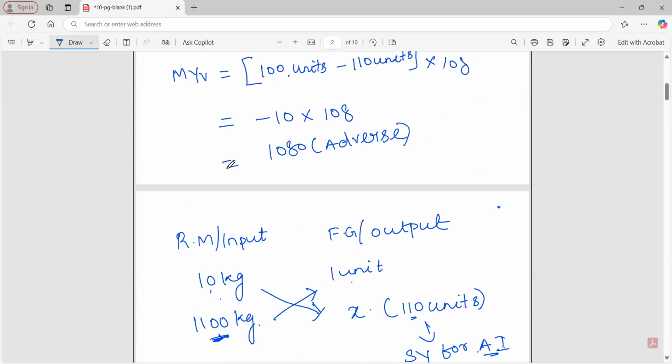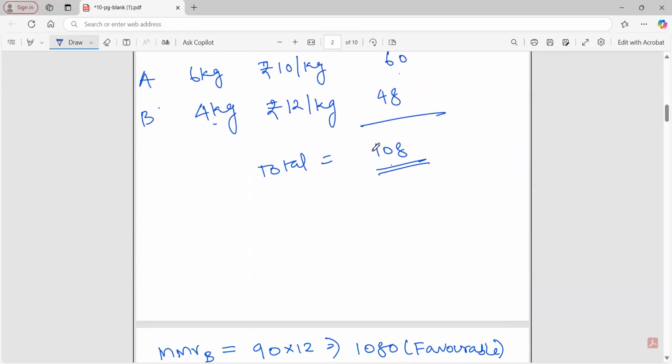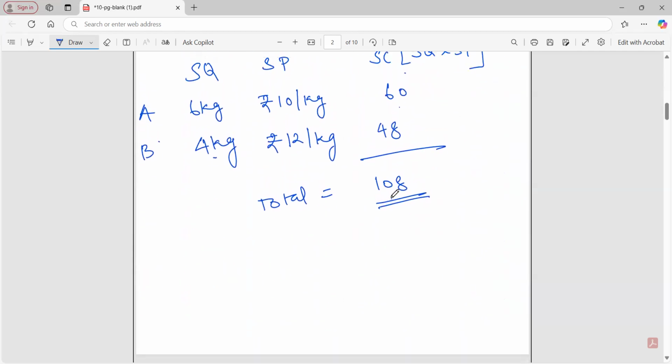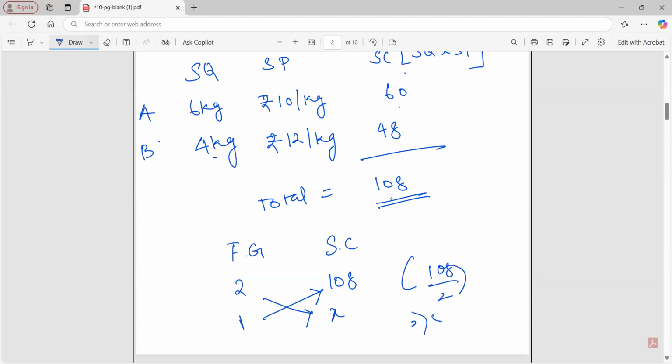Here, the standard cost is for 2 units of finished goods. So in order to produce 2 units of finished goods, the standard cost is 108, right? Then what will be the standard cost for 1 unit of finished goods? In that case, it should be 108 by 2. So it will be 54.